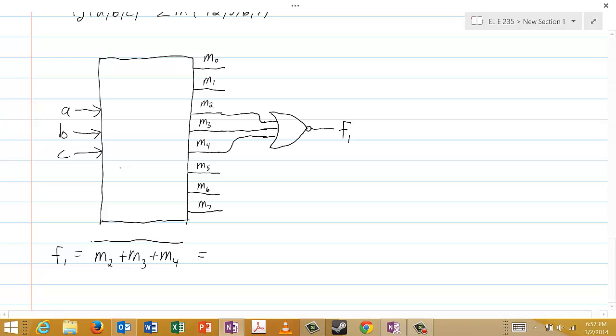Oh, excuse me, I've started to use notation from another book. Some books use an overhead bar to denote complements, but in this course we're using a prime. So I should say then that F1 is equal to little m2 ORed with little m3 ORed with little m4 and then complemented. And again, De Morgan's theorem says that the complement of a sum is the product of the individual complements. So we have M2 prime, M3 prime, M4 prime.